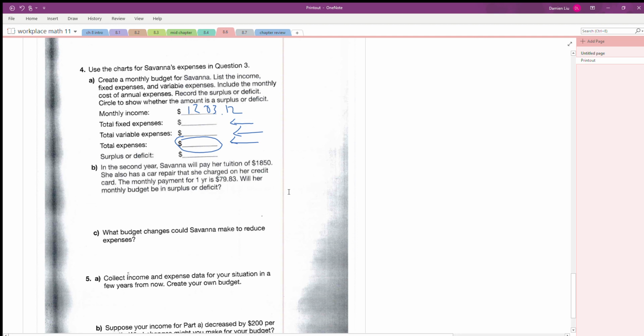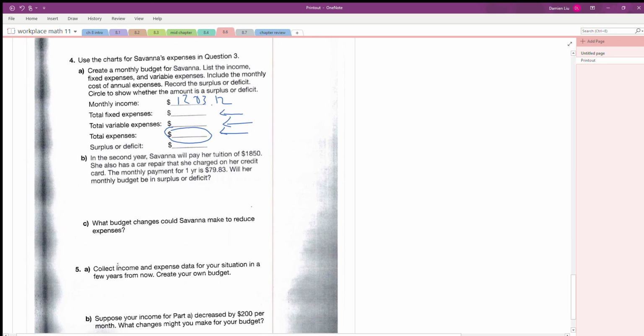The other thing you're going to need to know is that her tuition, this amount is per year, all right? So we don't pay for tuition typically monthly. That's her tuition for the year, and I guess you would divide that by 12, although that seems kind of low too. I'm going to assume that's a lot of money, right?